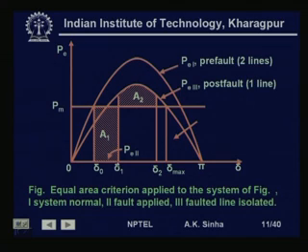So, if we keep on increasing it slowly, we will come to a point where the accelerating area A 1 is just equal to the maximum available decelerating area under that condition, and that point or that angle we call the critical clearing angle.